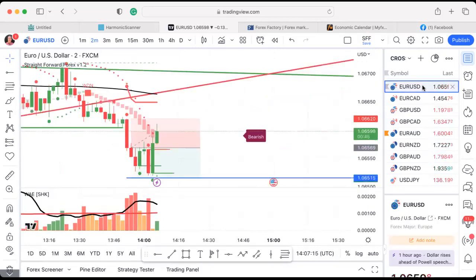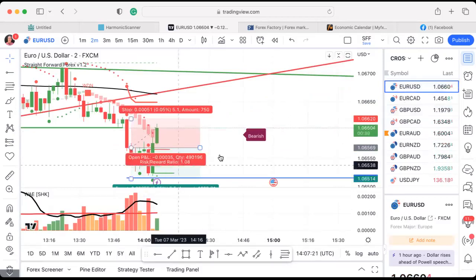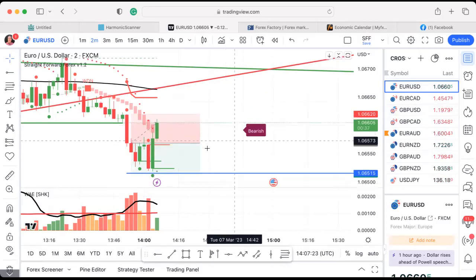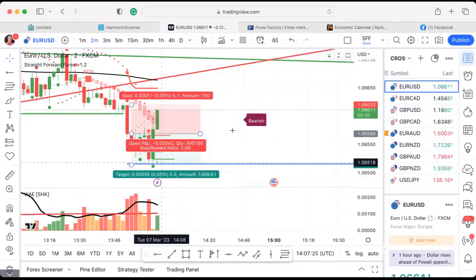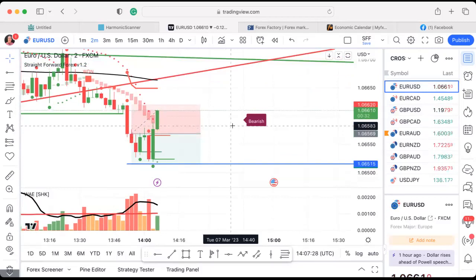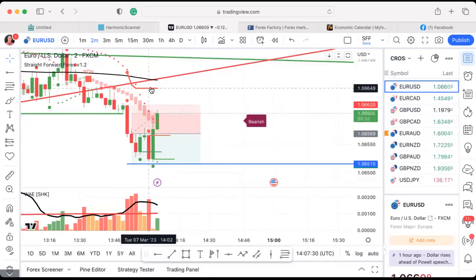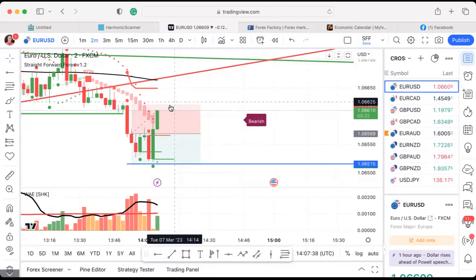Now that is looking like it's going in the wrong direction. We've got an engulfing bull candle. The super trend has gone flat. So it looks as if it's going to take us out at that.